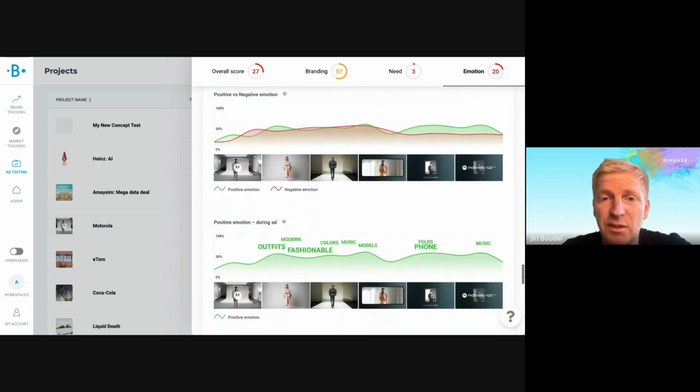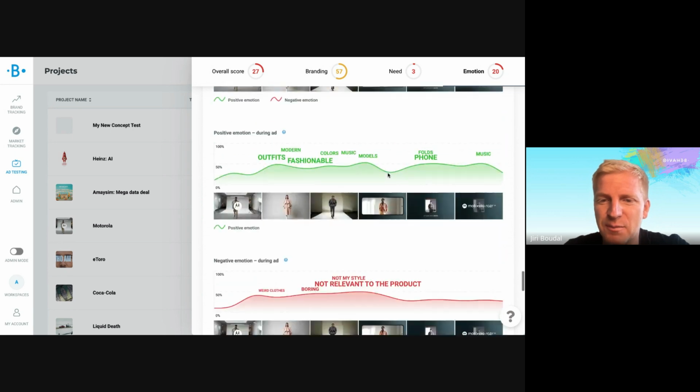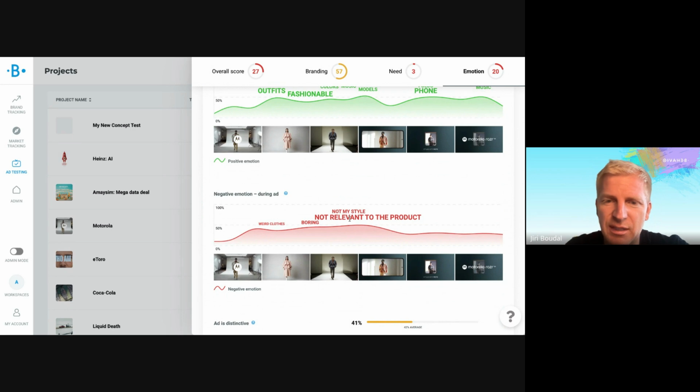This is actually quite unique, to have the negative reactions stronger than the positive most of the time. So not relevant. It's connected to people not realizing the connection to the logo.